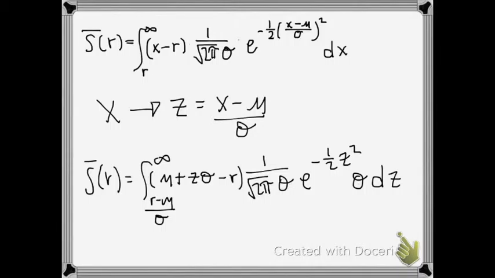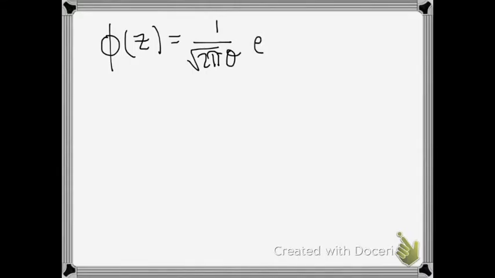When simplifying again, we can make another u-substitution where phi of z is equal to 1 over the square root of 2 pi sigma times e to the negative 1/2 z squared sigma.